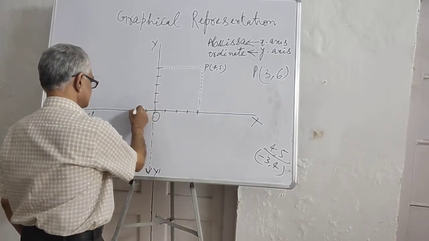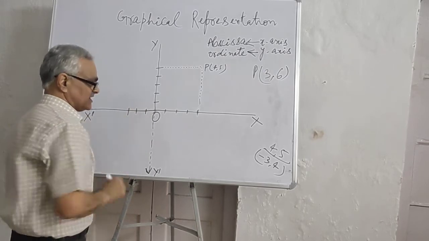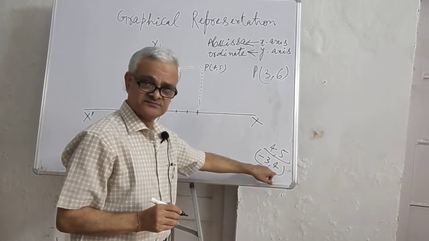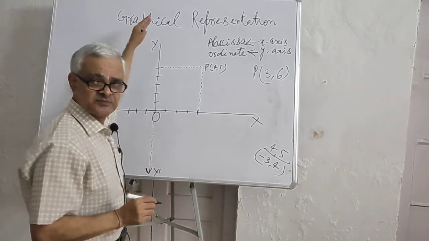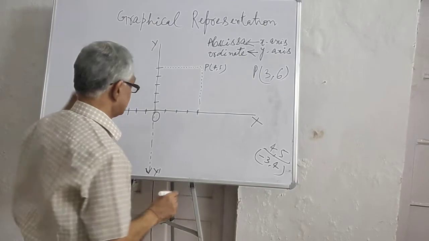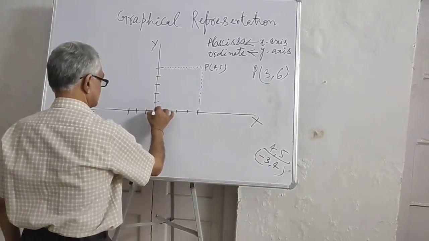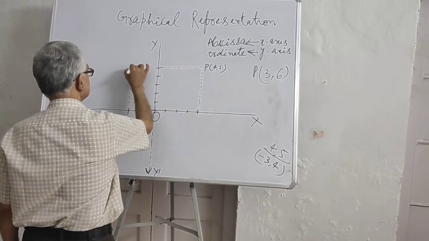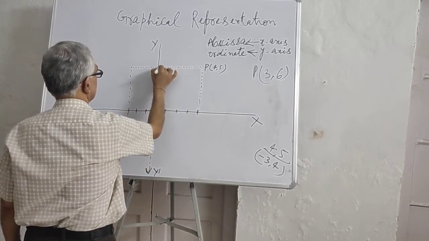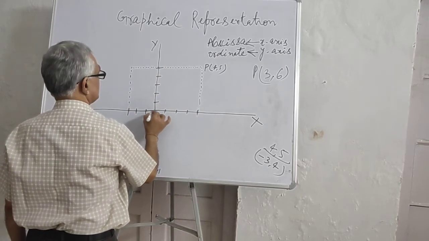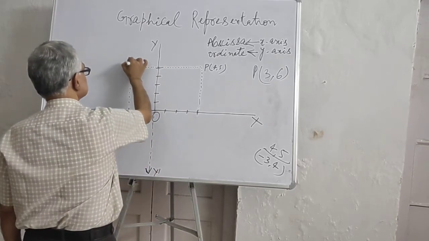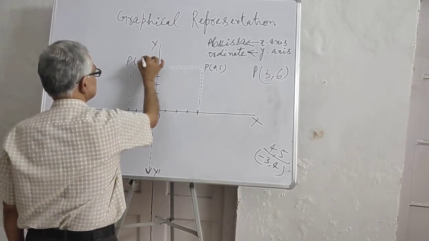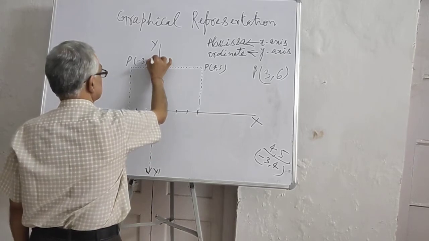So 1 2 and 3, but this is positive, and positive means y-axis positive means upper part. So 4, we have already done 1 2 3 and 4. So the Milan Bindu of all this x-axis or y-axis is this. So this is a point P which is -3 and 4.